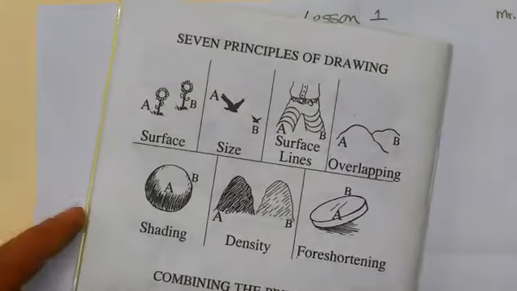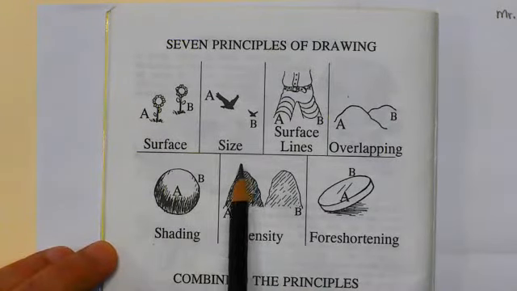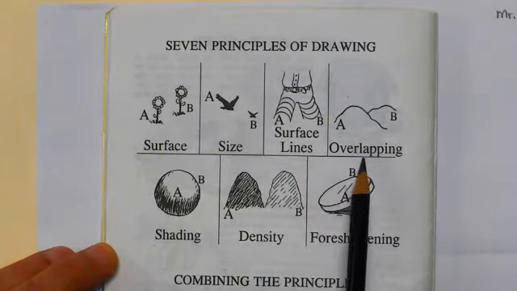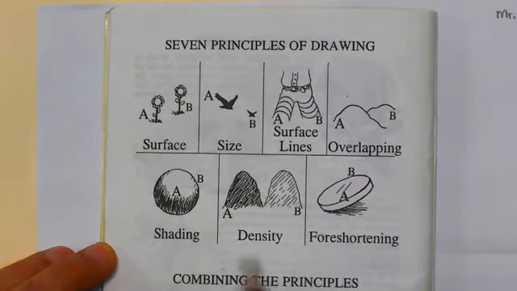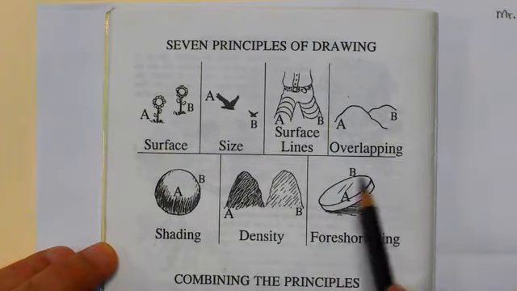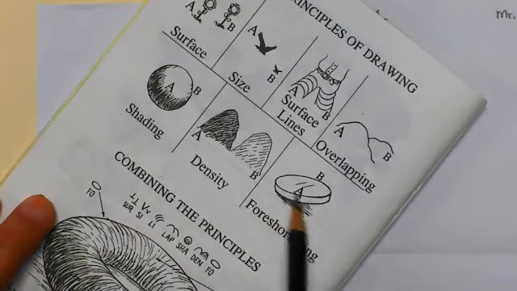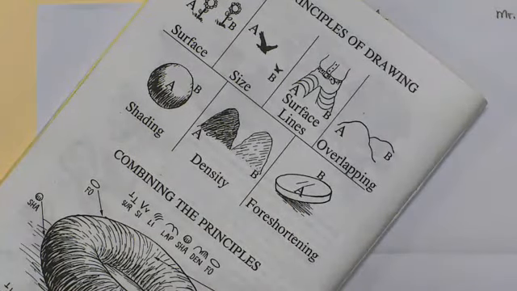So what I'm going to do here is I'm going to show you a little bit about the 7 principles of drawing, anyway, which are surface, size, surface lines, overlapping, shading, density, and foreshortening. This first one is this foreshortening. If you turn it this way a little bit, you can see that the foreshortening works pretty well once you start to understand it.